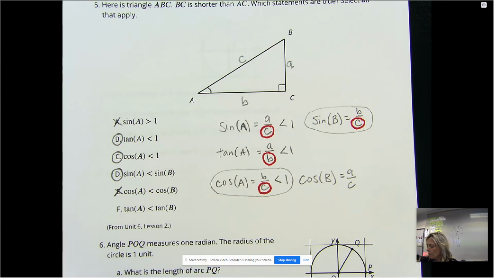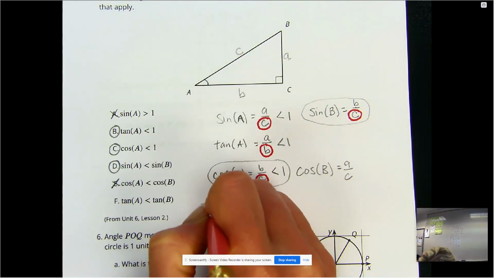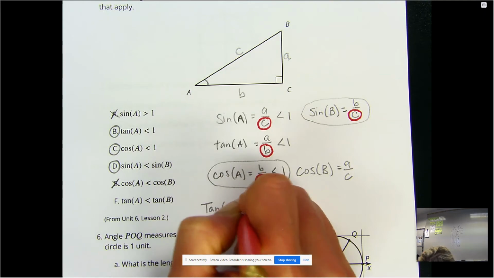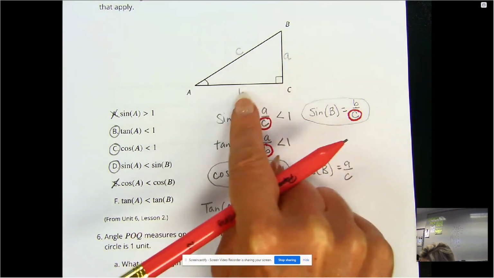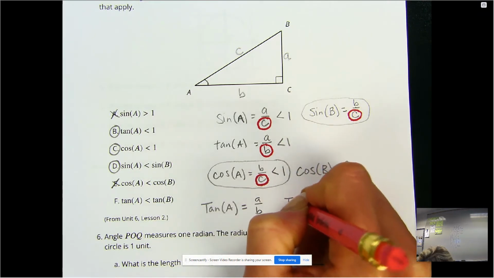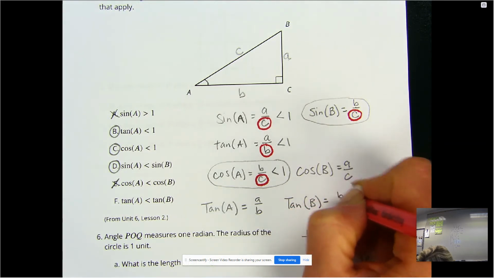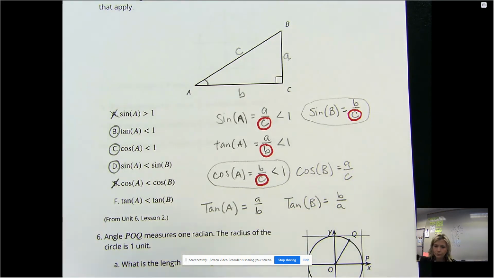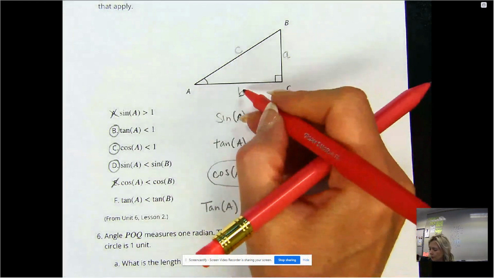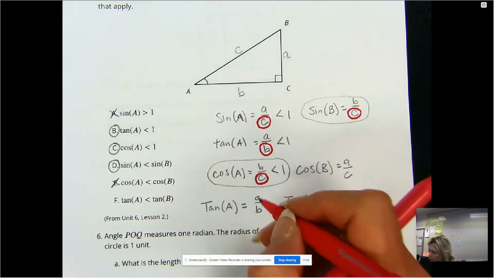And then finally, we're going to compare the tangent of A with the tangent of B. I'm going to rewrite it down here at the bottom. The tangent of A is equal to A over B. The tangent of B is equal to B over A. Okay, the larger leg is leg B. So these use the same legs, just in reverse order.